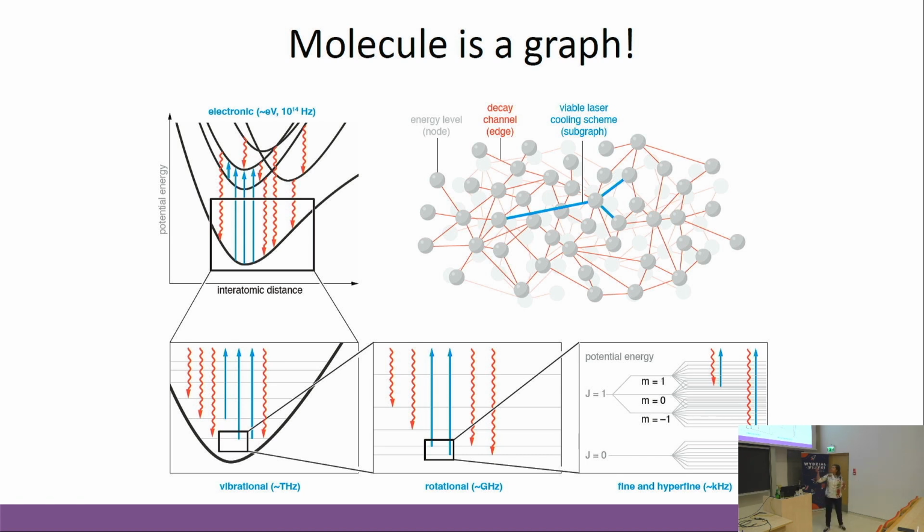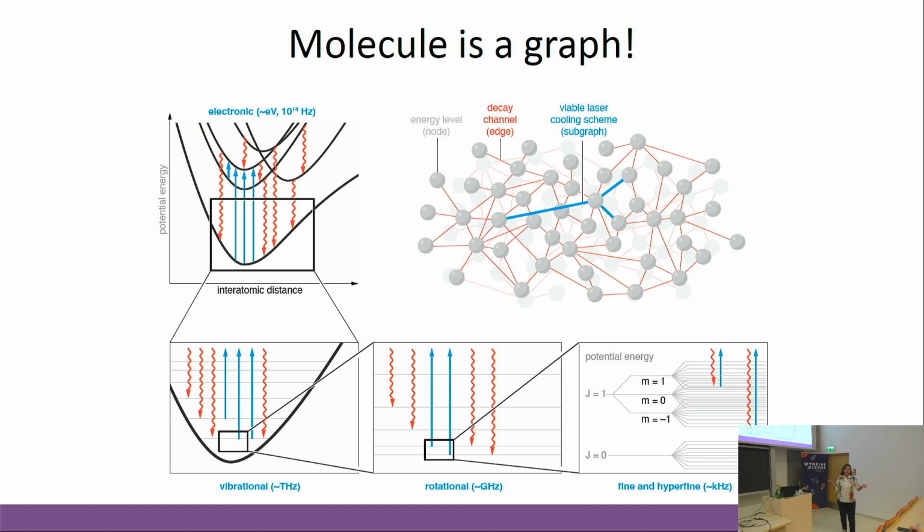You take every energy level that you are aware of, represent each energy level as a node of a graph, and then track every possible decay channel between those energy levels and represent them as a connection between those nodes. As a result, you get one huge graph representing a molecule, and then you need to locate a subgraph that meets a set of conditions, making it a viable laser cooling scheme.